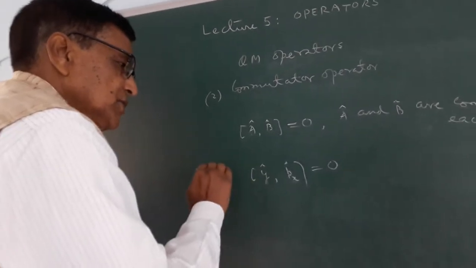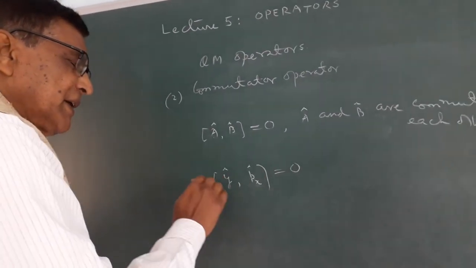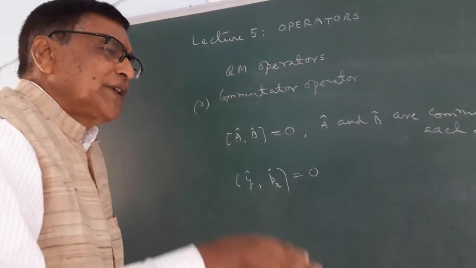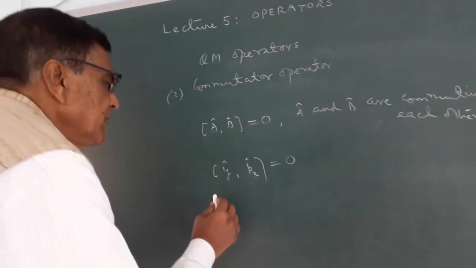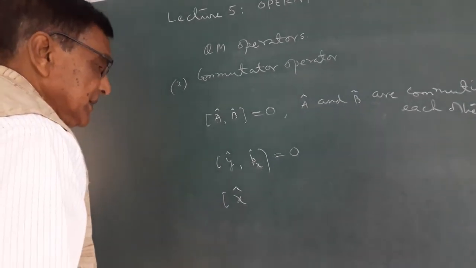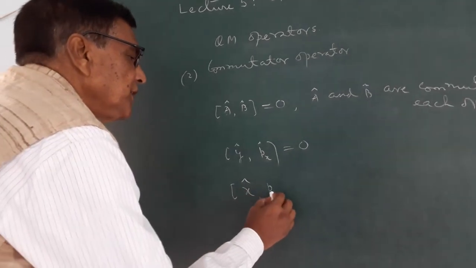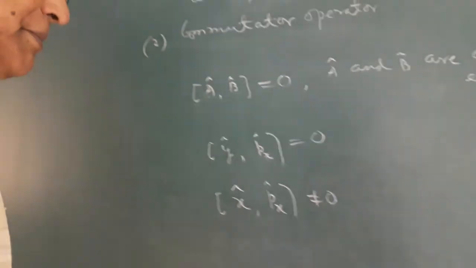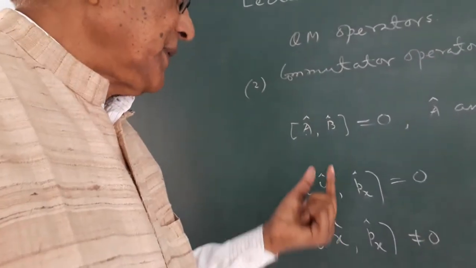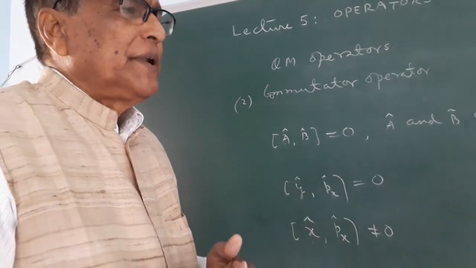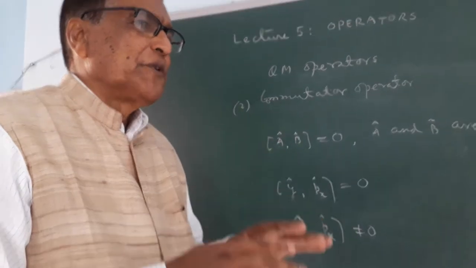It means that the position along the y-axis and the linear momentum along the x-axis can be determined simultaneously, accurately, without any error. But if x cap and px cap, the commutator is not equal to 0, it means that the physical properties these two operators represent cannot be determined accurately and simultaneously beyond a certain limit.